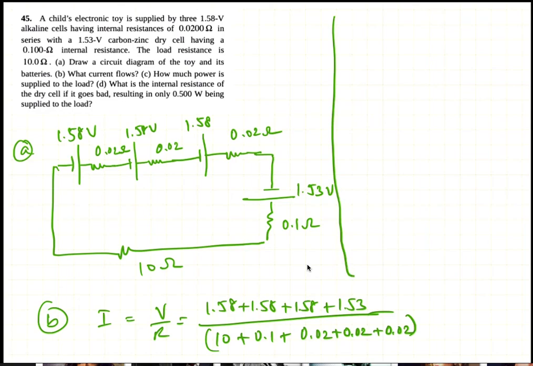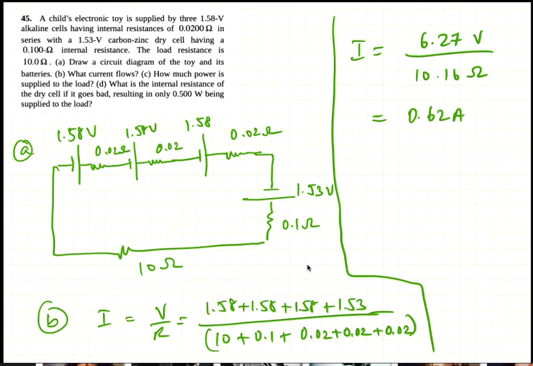So the current is 6.27 volts divided by 10.16 ohms, and this is equal to 0.62 amps. So the current through the toy is 0.62 amps.